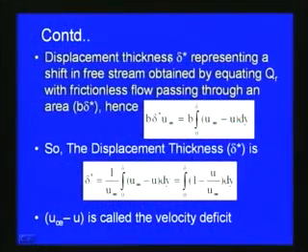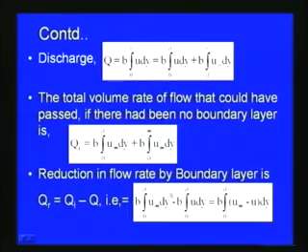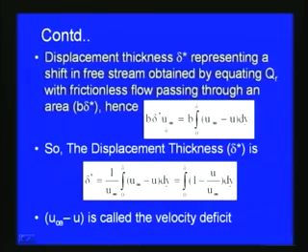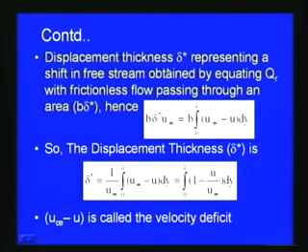Now the displacement thickness δ*, representing a shift in the free stream, is obtained by equating this qr with the frictionless flow passing through an area b δ*. With respect to this figure, this is δ*, and b is the width of flow which we consider. So we can equate this reduction of flow with the displacement thickness: b δ* u∞ = b ∫0 to δ (u∞ - u) dy.